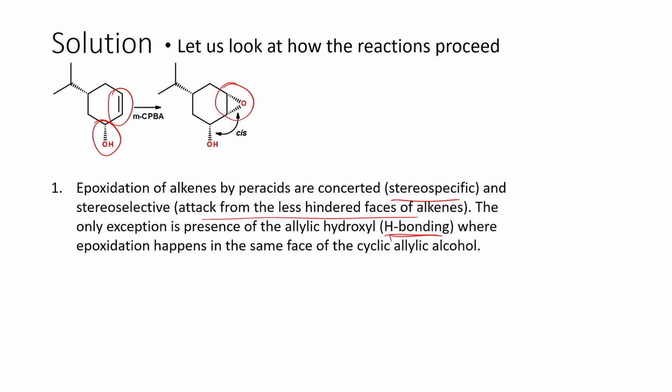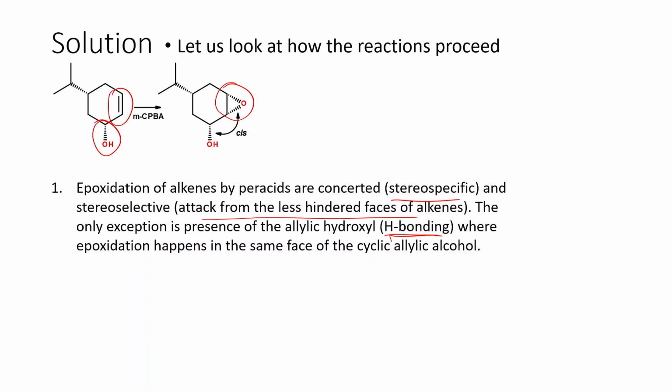Unlike the normal cases where there is no hydroxyl, where the epoxidation takes place from the least hindered site, when there is a hydroxy group present which can form hydrogen bonding, the epoxidation happens from the same face of the hydroxyl unit. So this is a very important thing we have to remember. Once we remember this, solving this problem becomes much easier.